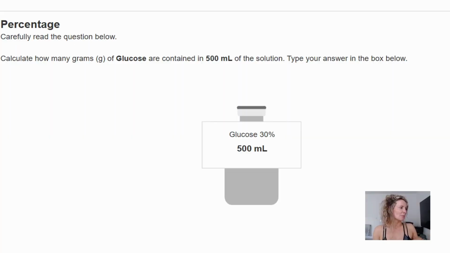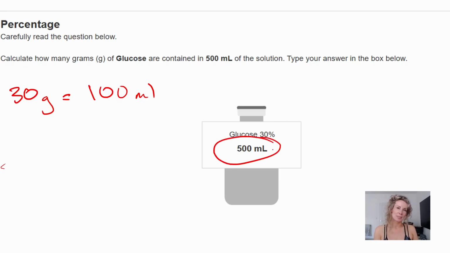Next, we would like to know how many grams of glucose are contained within 500 ml solution. So again, we are giving our percentage. 30 grams equals 100 mils. We have a look and see what is it that we would like. We would like 500 mils. What did we do? 100 to get 500? Well, we times it by 5.